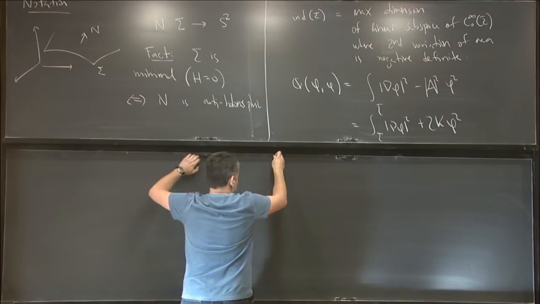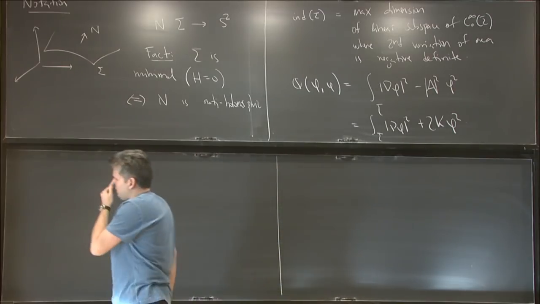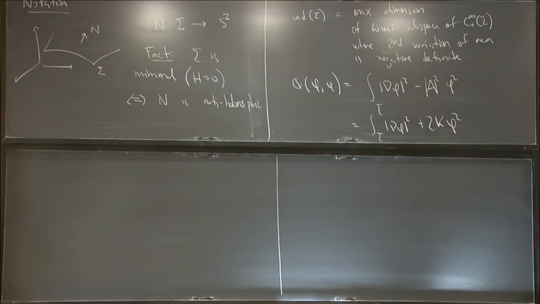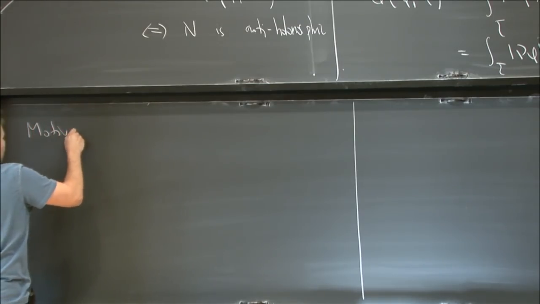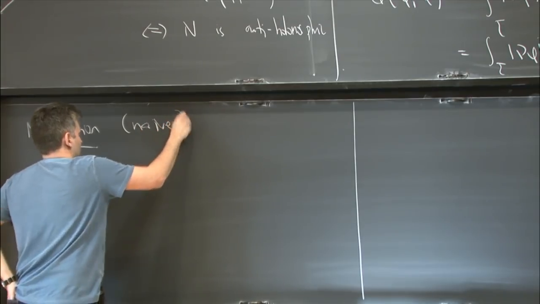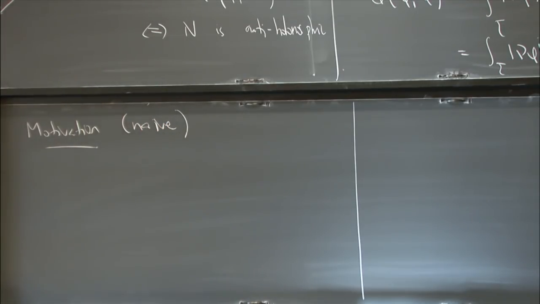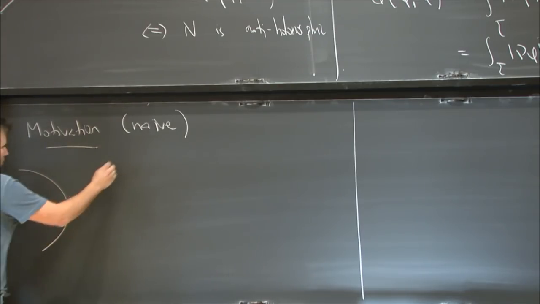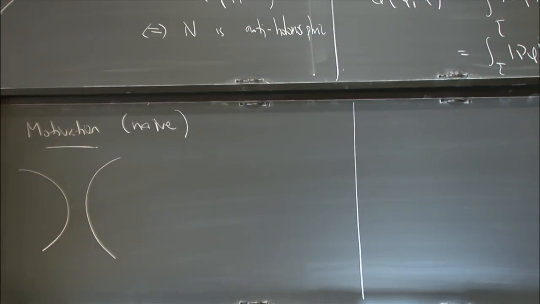Okay, let me start with some motivation for this kind of question. This first motivation is going to be very naive. If you have your surface in R3 and you have a topology somewhere, you have a neck, let's say.